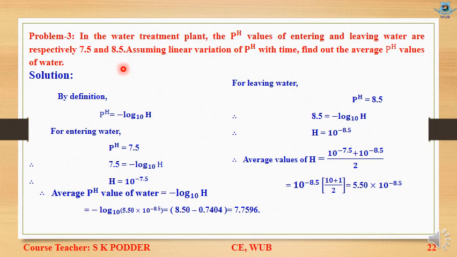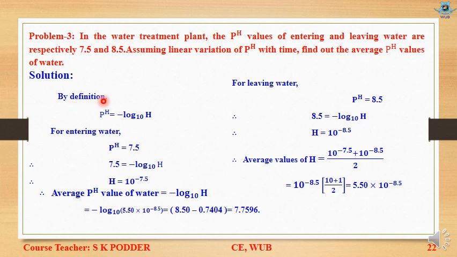That means water is coming into the water treatment plant, and the pH of the entering water is 7.5, and the pH of the leaving water is 8.5. Now we have to find the value of average pH.